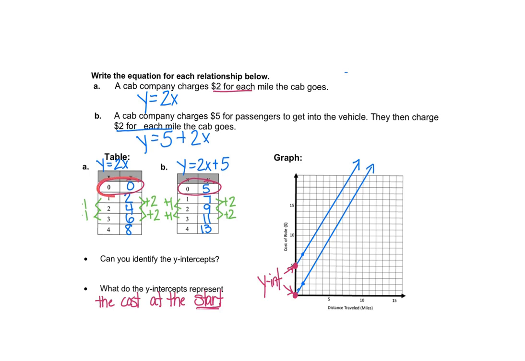In the first one, it's 0 because the line starts at 0. For the second relationship, when x is 0, the y-intercept is 5, and notice on this graph that this line is starting at the 5.